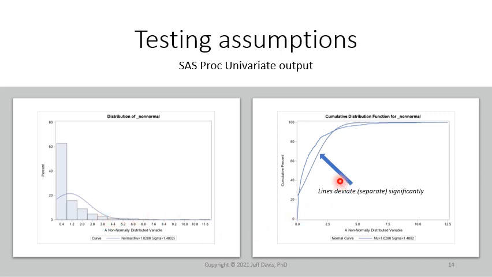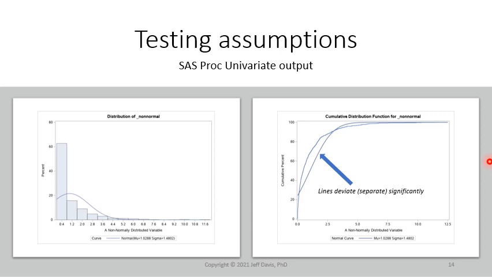Same thing here. The smooth line represents the perfect normal distribution, and the more jagged line represents our sample. We see these wide gaps between what our sample CDF looks like and what the perfect normal distribution CDF looks like, some pretty wide gaps, or as we might say, significant deviation or separation between those two curves.